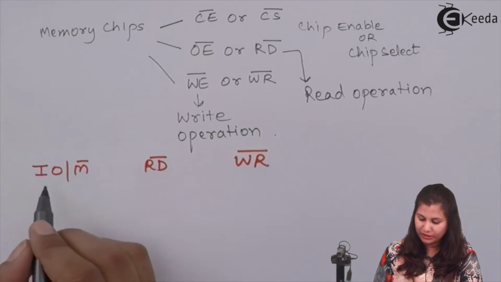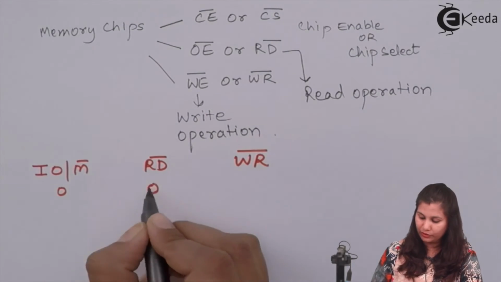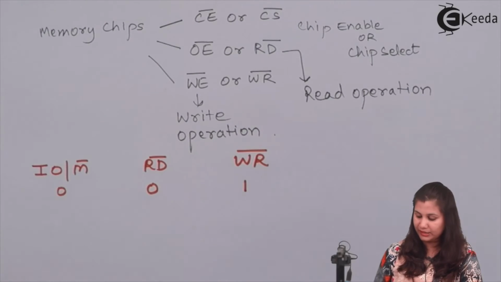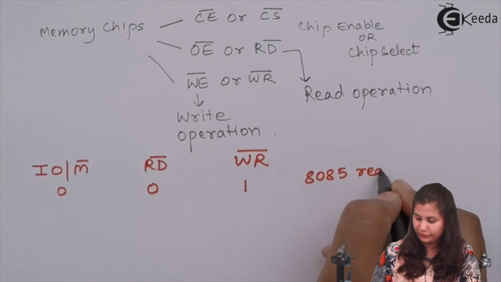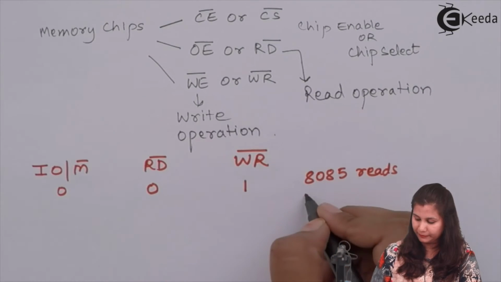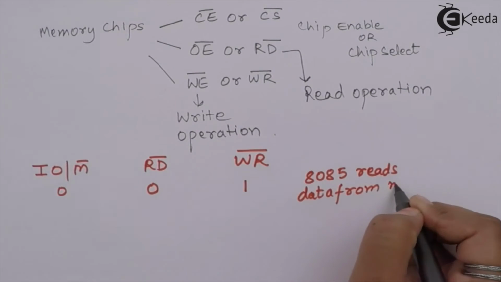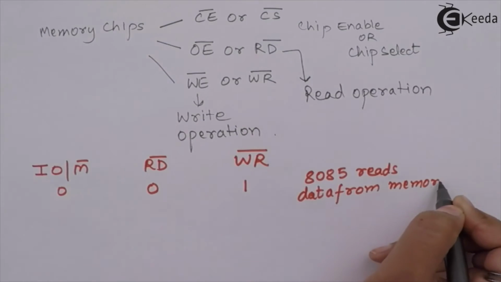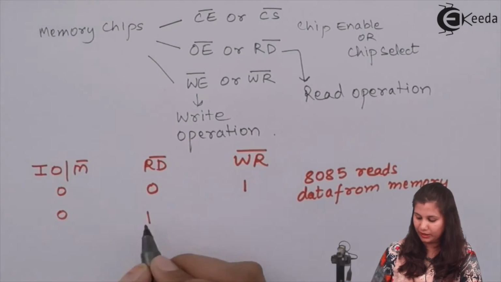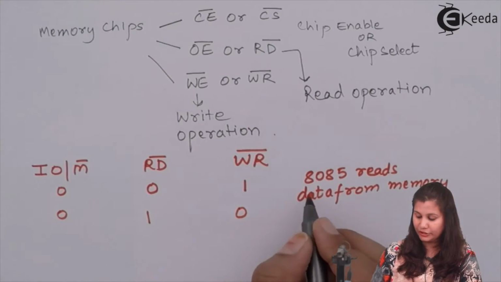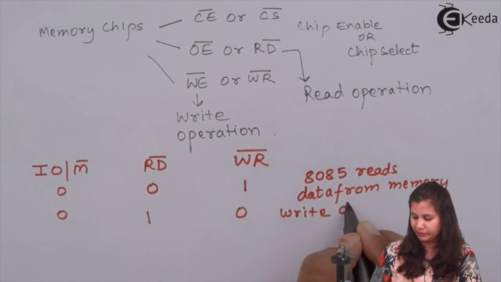If the value of the IO/M bar signal is 0, the read signal is also 0 and write is 1, it means the 8085 will read from the memory. And if this signal is 0, read is 1, write is 0, then the 8085 is going to write data into the memory.